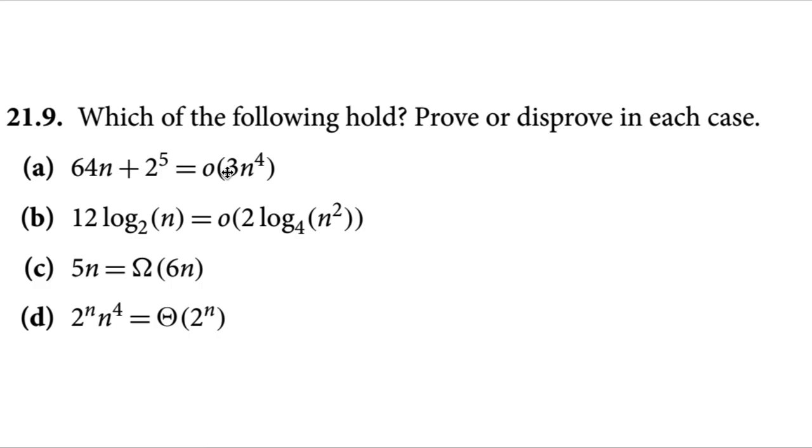When I said big O of g(n), that meant that the big O of g(n) would have all the functions that are not faster than g(n), right? So can I say that (64n + 2)^5 is strictly slower than 3n^4?